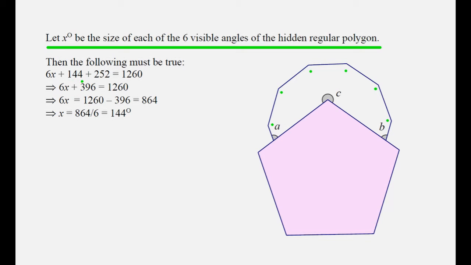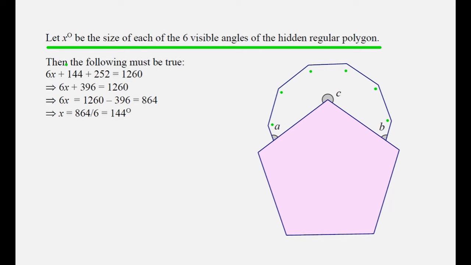That's what the question says. And 252 is the value of C that we calculated on the previous slide. And where is 1260 coming from? When you add 9 angles of any 9-sided polygon, you're going to get 1260. Why? Because 9 minus 2 is 7, and 7 times 180 is 1260.